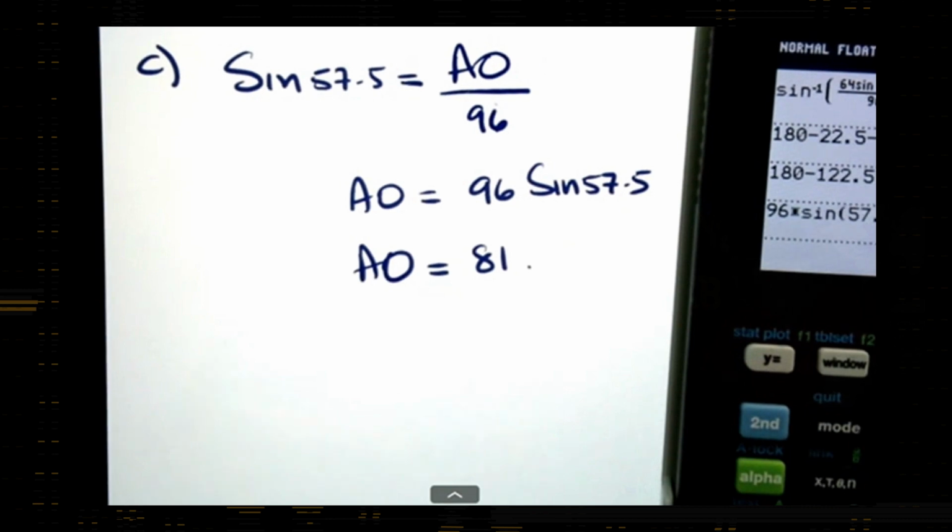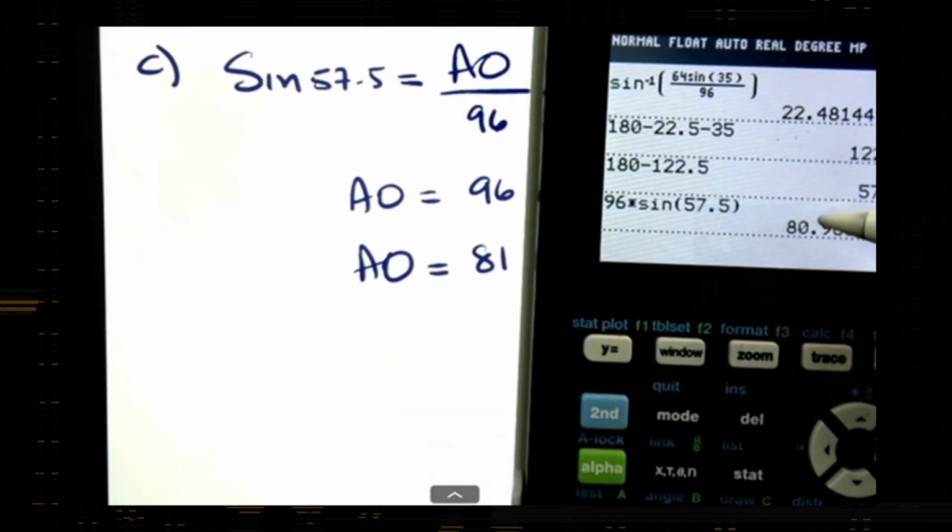So notice the answer. The answer is 80.96. If I round to three significant figures, I need to round this 9. But since the 6 is greater than 5, I need to round up, and round up means 10.